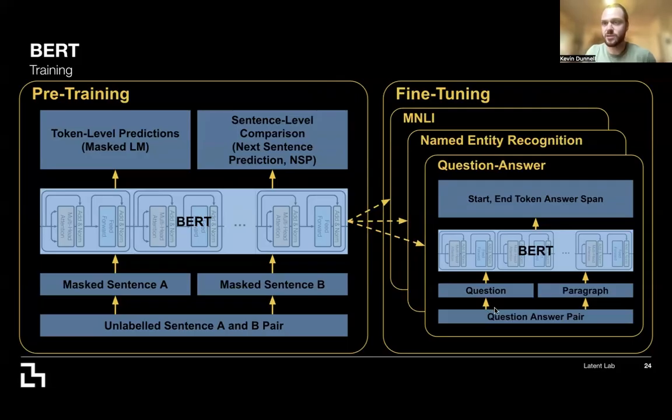Whereas in the fine-tuning stage, these are labeled data sets. SQuAD for question answering is a common one, where we have a passage of text which contains an answer and a question being asked, and the system is required to identify that context to produce the answer.